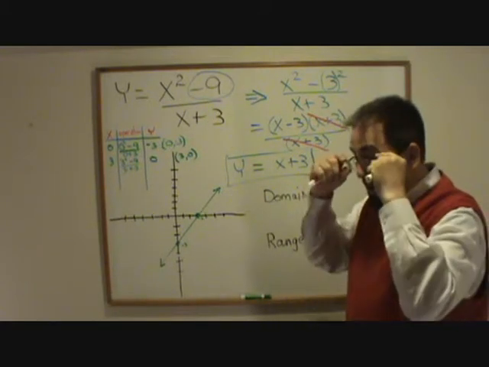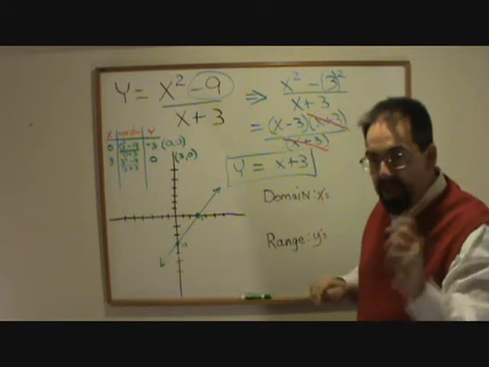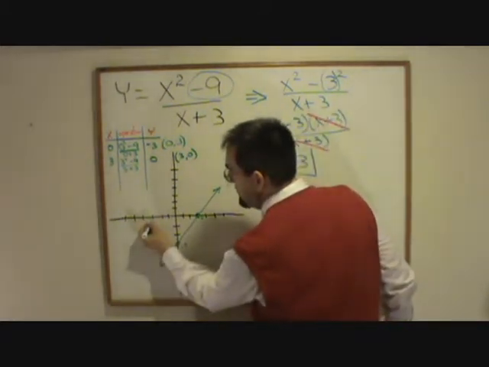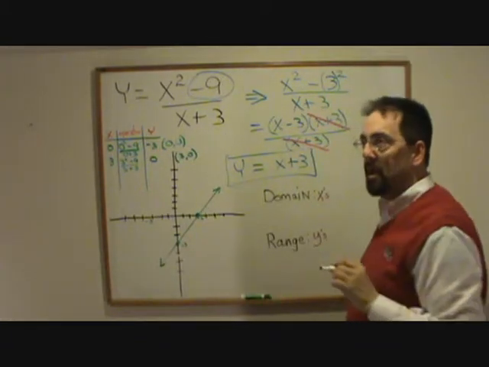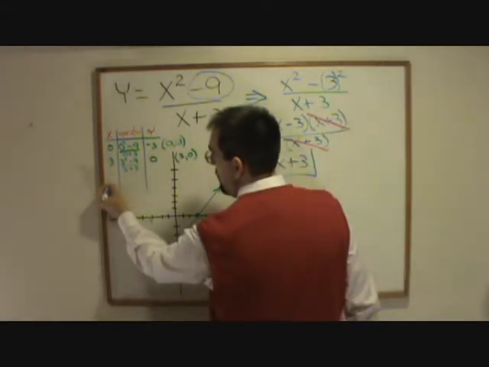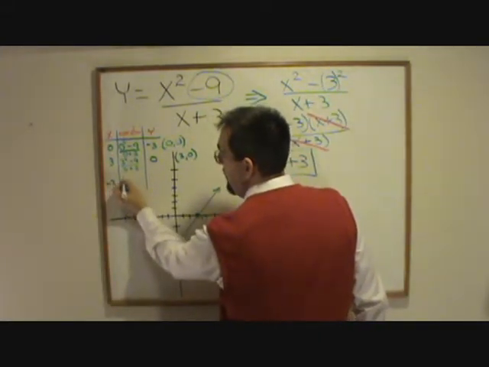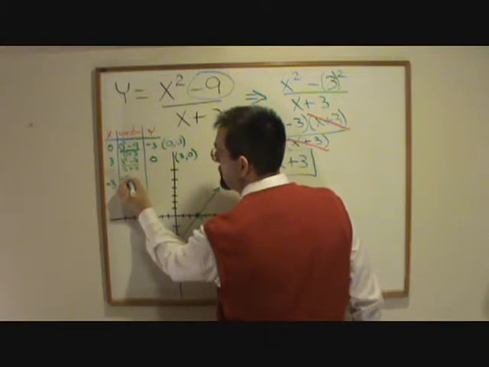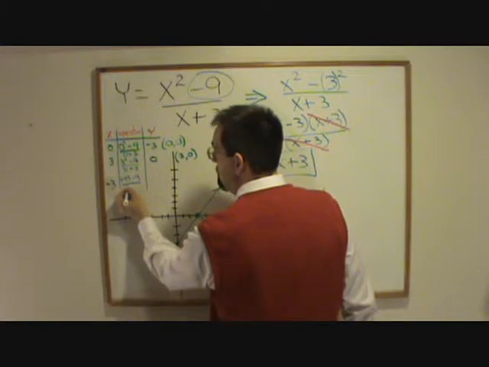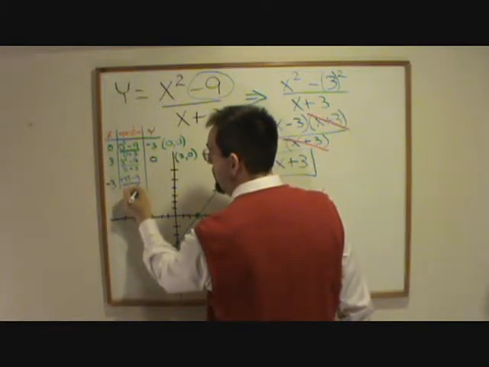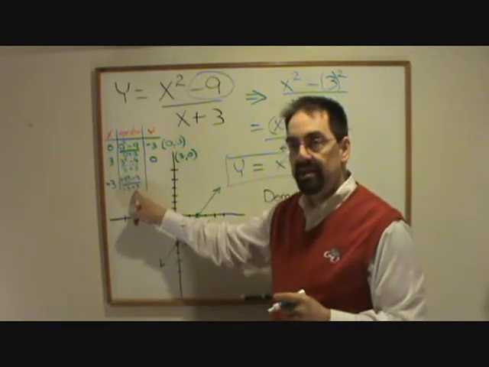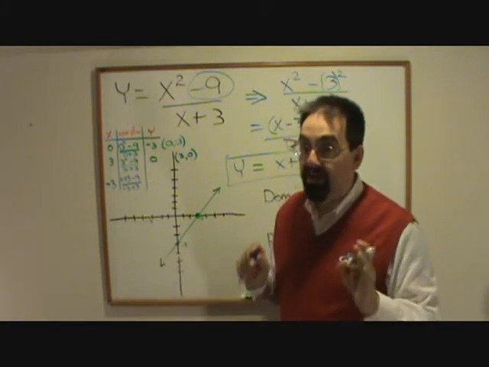Now, let's think back in math, and we know that we can never divide by 0. Over here at minus 3, when we plug minus 3 in for x, let's try that. We have minus 3 squared minus 9 all over minus 3 plus 3. Uh-oh, minus 3 plus 3 is 0. We can never divide by 0.